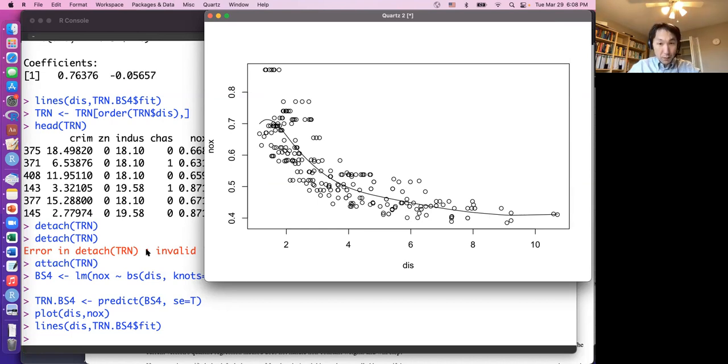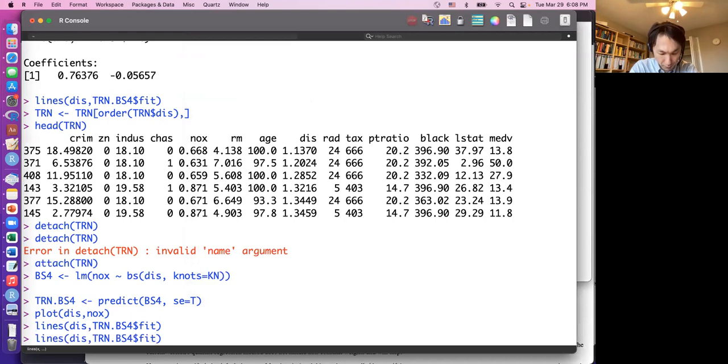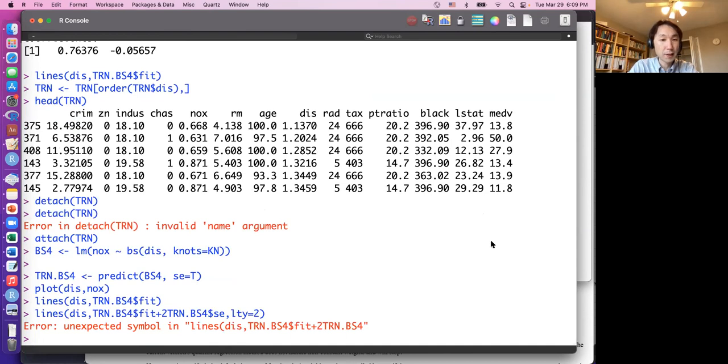Okay, so also you can add standard error. The standard error is also added by this lines function, so fitted minus standard error. And actually this TRN, the BS4 includes the standard error information. And the standard error also depends on the size of distance. So maybe just to see is much easier. So I just draw it, lines, sorry, we have some mistake.